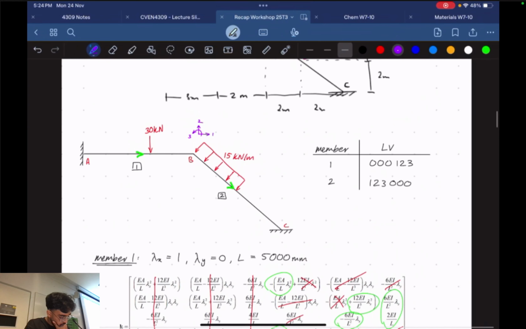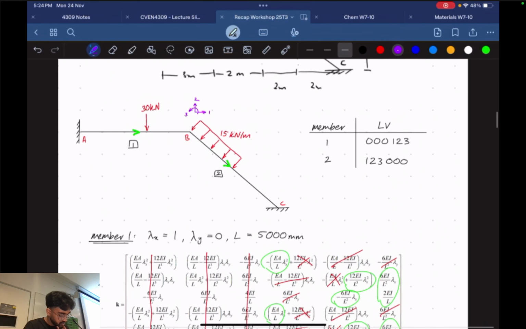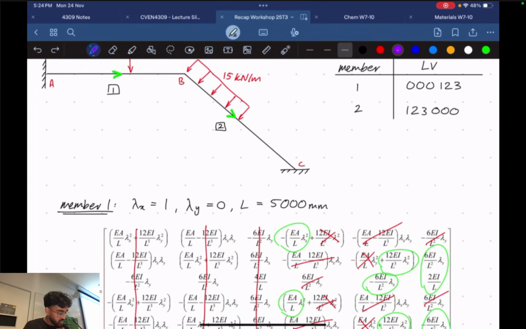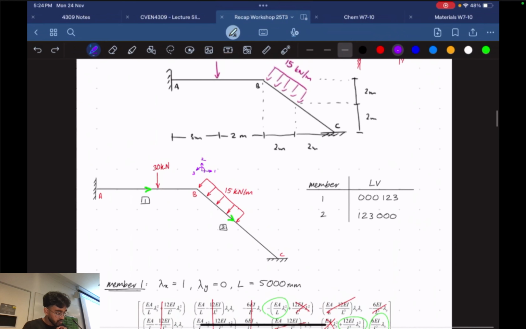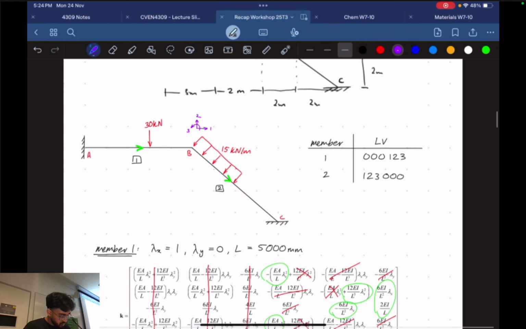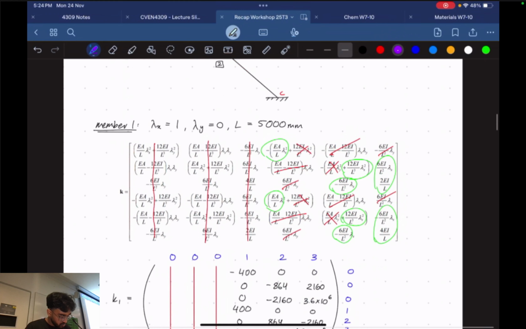Okay. So for member number 1, which is this one here, my lambda x is 1, lambda y is 0, and my length is 5,000 millimeters. I put it in millimeters because everything up here is in millimeters, and when I convert my units for GPa, it's kilonewtons per millimeter squared. So I'm going to keep it in millimeters. Cool. So I can cross out the first 3 rows and the first 3 columns because they're just 0.